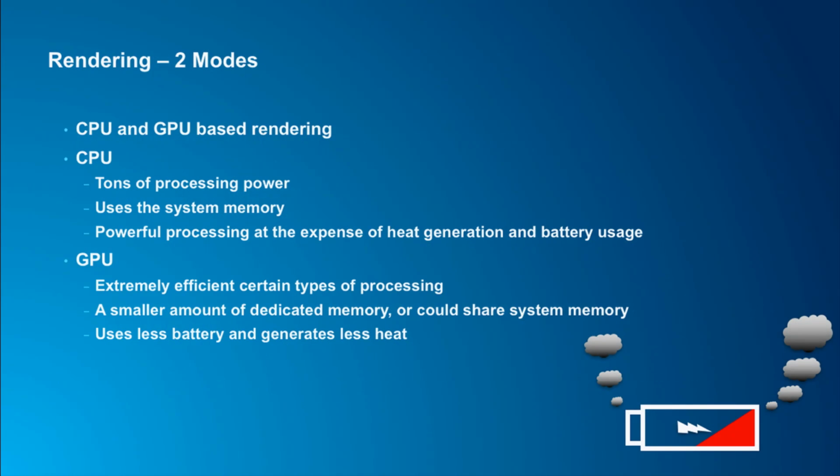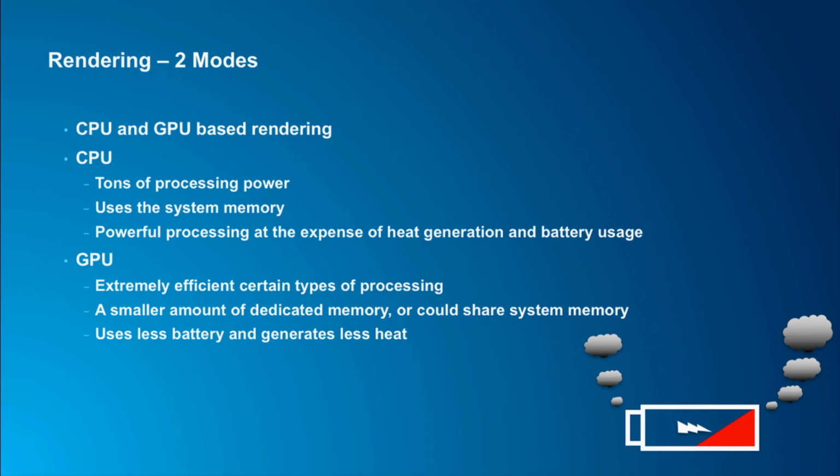We basically have two rendering modes in the runtime. So it's CPU-based rendering and GPU-based rendering. So the CPU is this beast, right? This powerful processing beast that you could throw anything at and it just chews at it and does whatever it needs to do. And it uses this huge vat of system memory. I mean, I guess some of your mobile devices don't have so much system memory. So it can just do a lot of stuff.